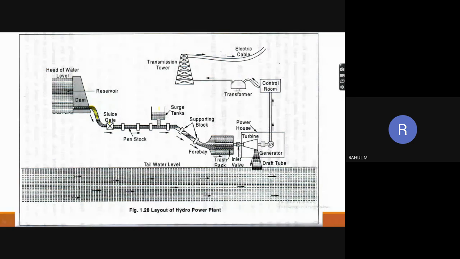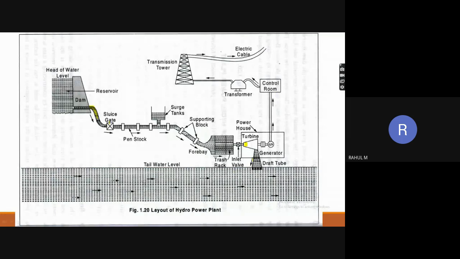Then it flows through the forebay and reaches the turbine, and there is a trash rack in between to prevent debris and other waste from getting into the turbine. Then the water makes the turbine rotate, and the rotation is converted to electricity, and that electricity is stored.